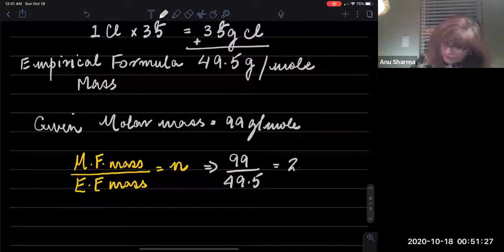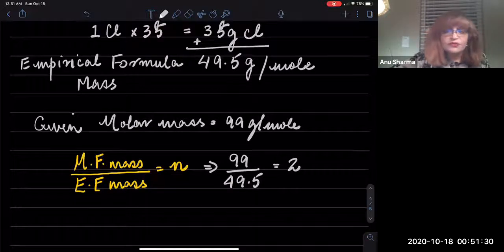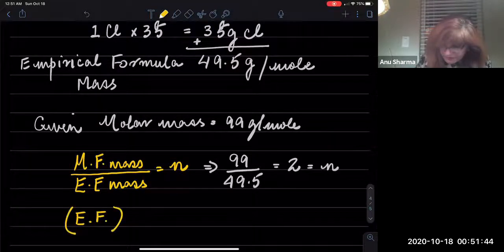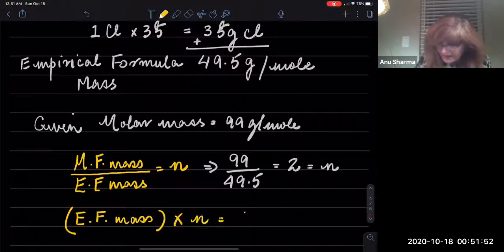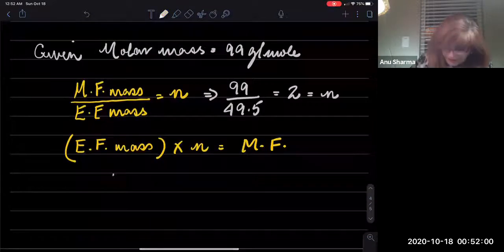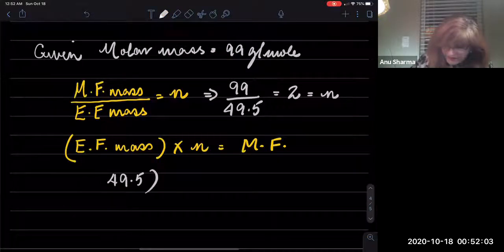This equals 2, so this is the value of N. The other formula is the empirical formula mass times the value of N, and that gives you the molecular formula. So you take 49.5, the empirical formula mass, times 2.